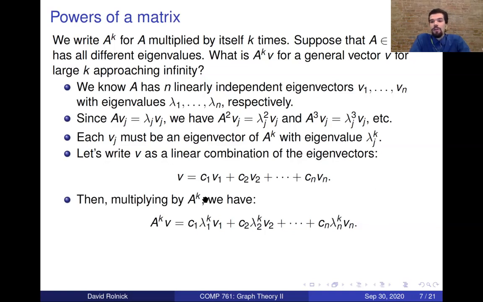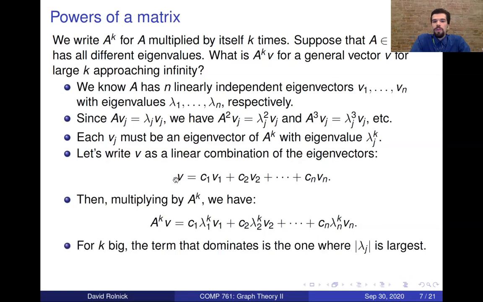But indeed, there's going to be one term which is going to dominate, the one where the absolute value of lambda is the largest. That one is going to blow up much more than the others. And we'll see that also when we get to calculus. But if you take powers of something large, it gets larger disproportionately fast.